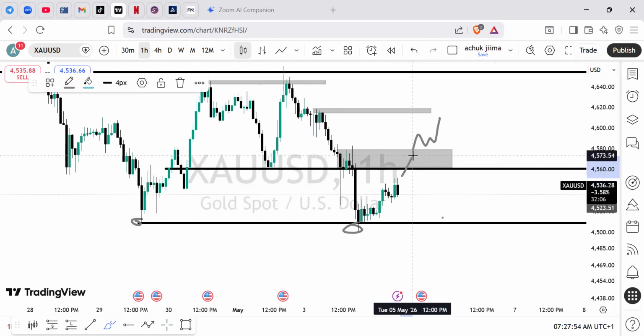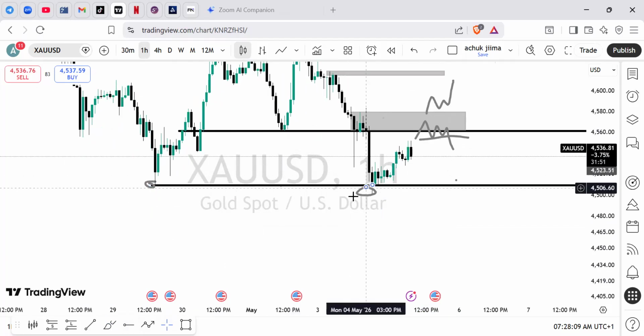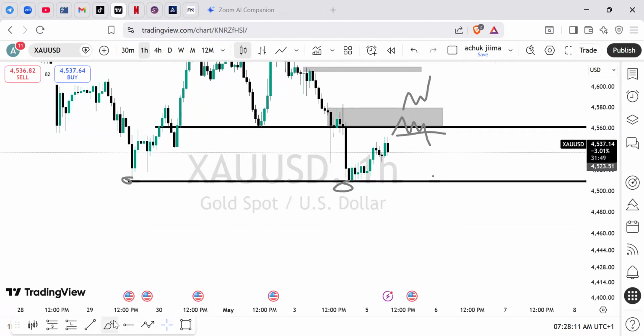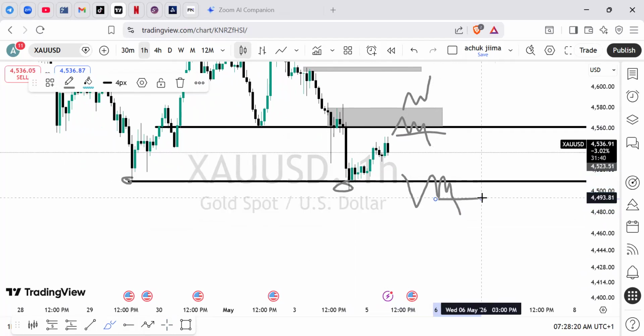If the market pulls back here, and then we have a formation of a double top, a strong engulfing candle or a break of structure to the lower side, then we can look for that sell. And if the market comes and breaks this other support here, then pulls back and gives us another break to the downside, then we can continue to look for selling opportunities.